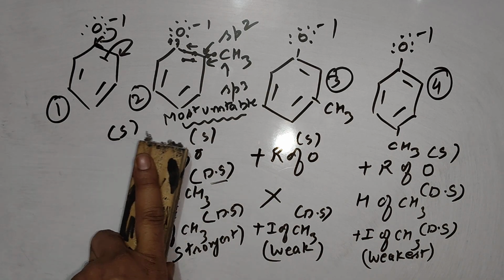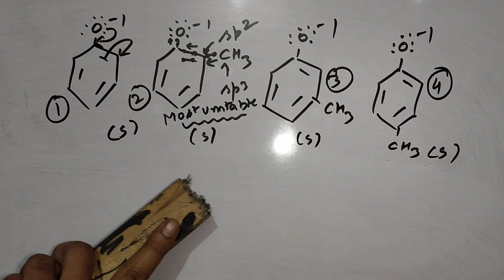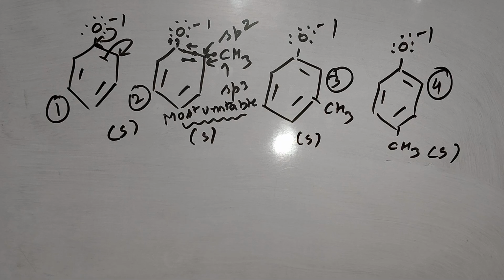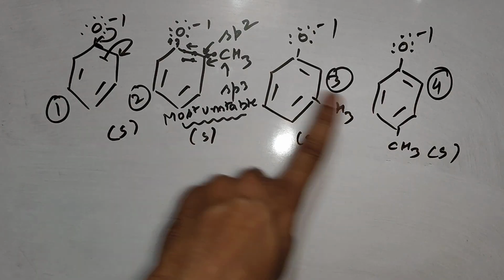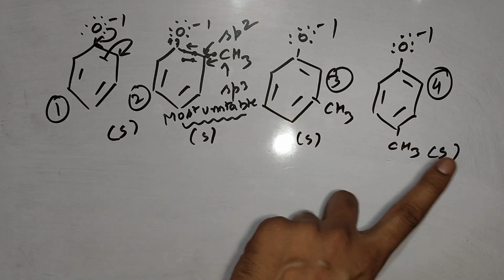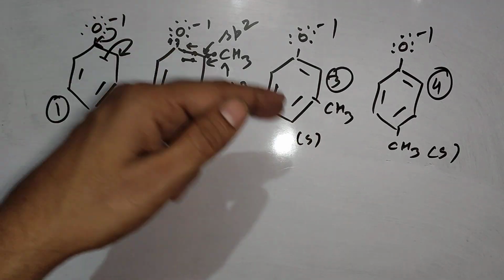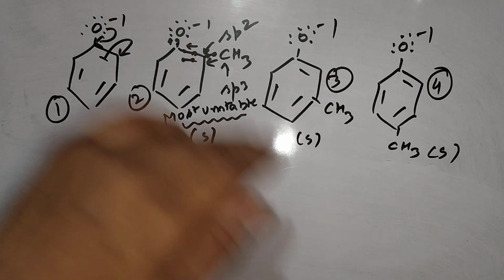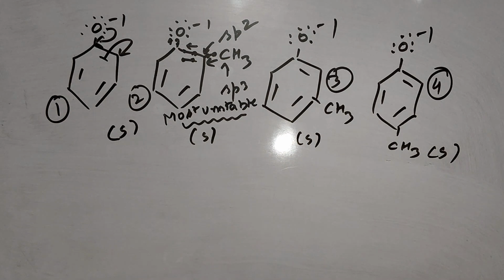So finally, if I talk about plus R of O, I already told you in the previous video that plus R of O is present in every anion. So it is not a factor which can decide the stability of an anion. Whether you want to include it or not depends on you. Only the main factors are generated due to substituents.